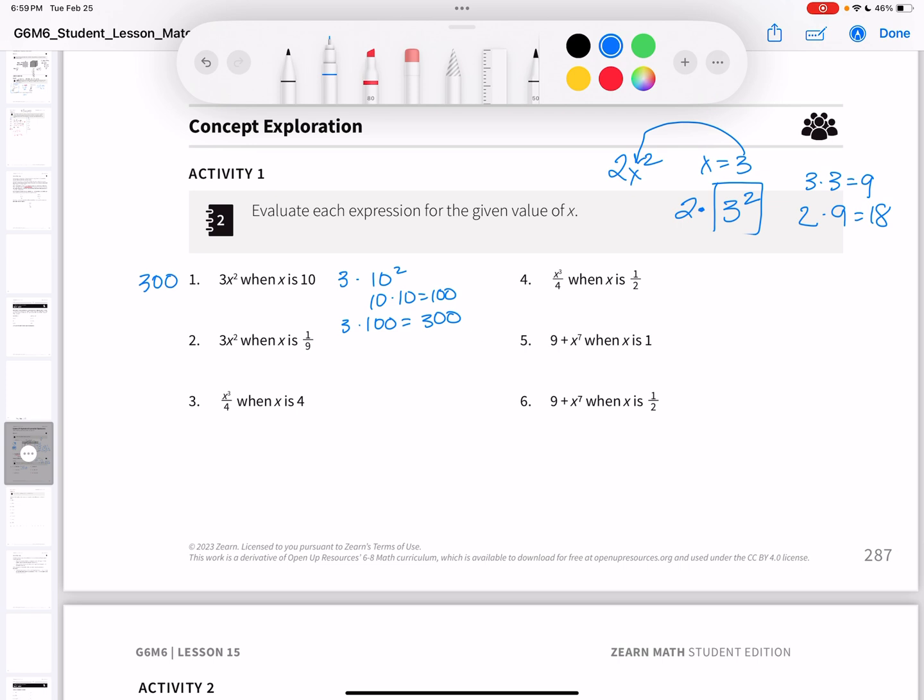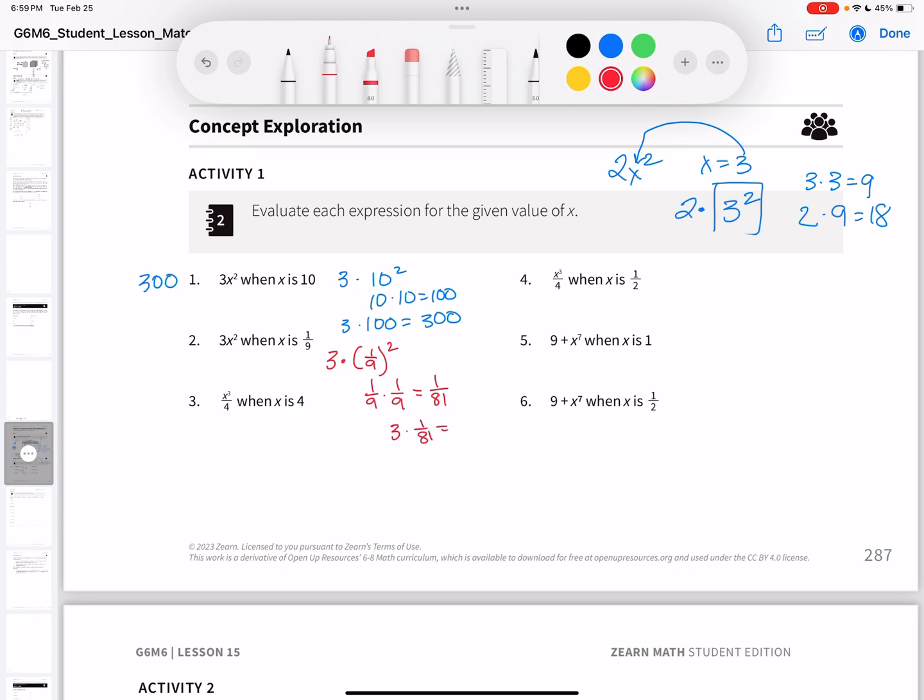Okay? Then this one says 3x squared when x is 1/9. So that would mean 3 times 1/9 squared. So I would do 1/9 times 1/9, which is 1 over 81. Then I would take that and multiply it by 3.